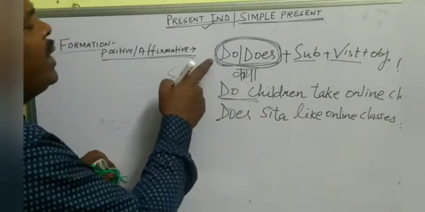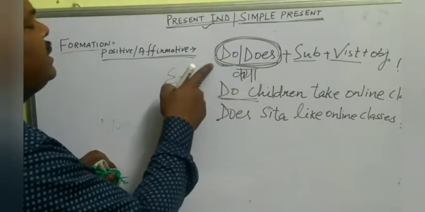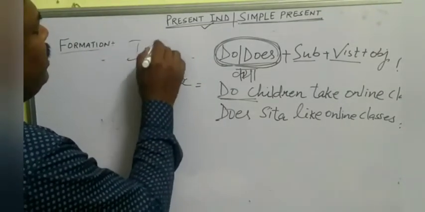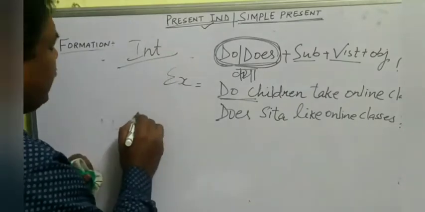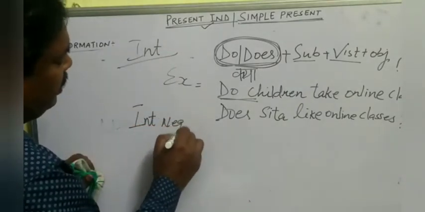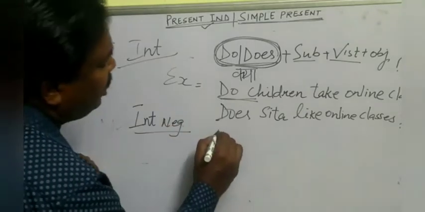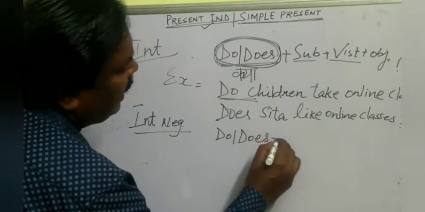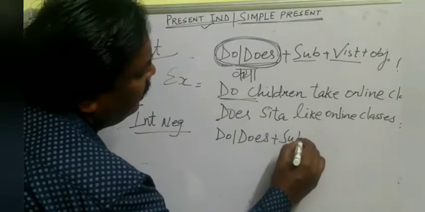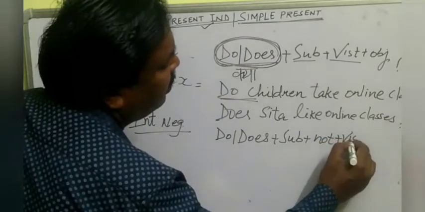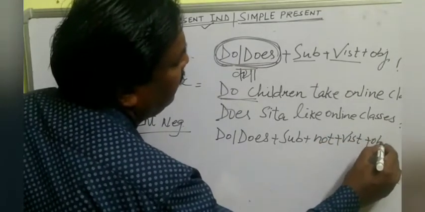Next, we can also write this interrogative. This is interrogative, okay? We can also write it in negative form. Interrogative, negative. Okay. So first of all, we shall write do or does, then subject, then not, then first form of verb, then object.